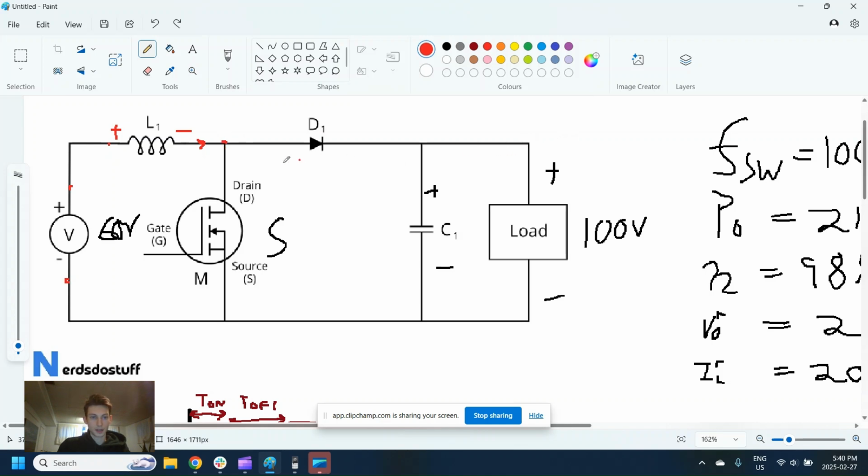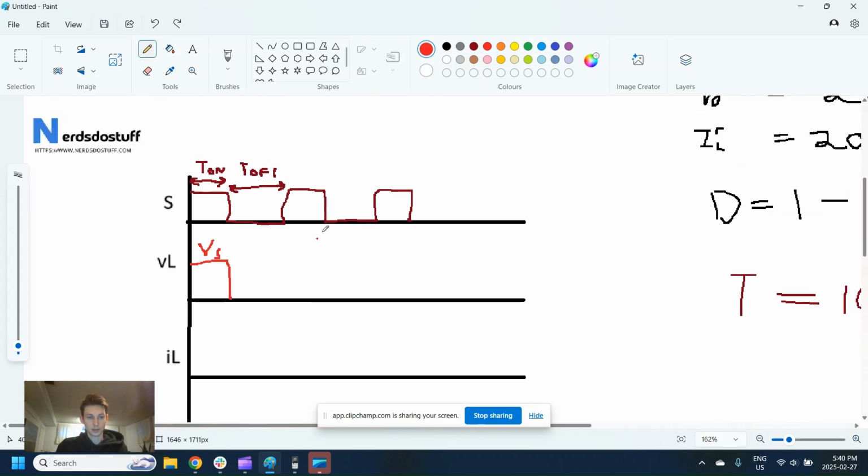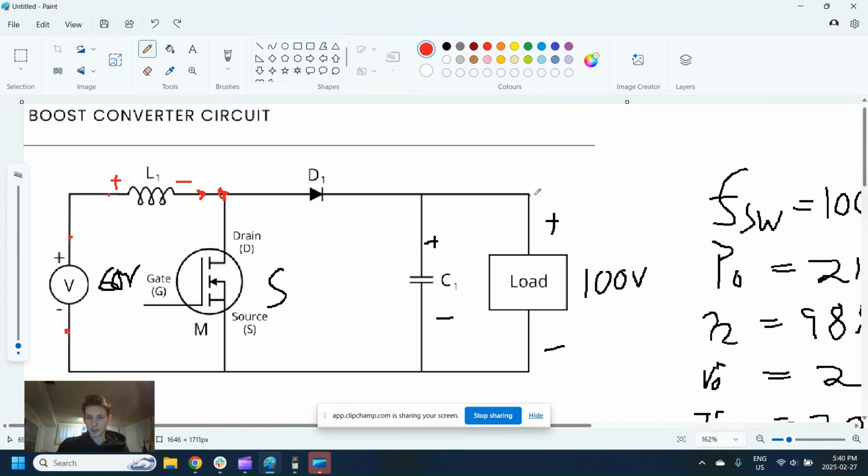So on the output. Let's get rid of some of this. Oh, I got rid of too much. Yes, okay. So this point here is going to be the same as the output here. And again, the ground is going to be here. So the voltage here is going to be V out, and the voltage here is going to be V in.